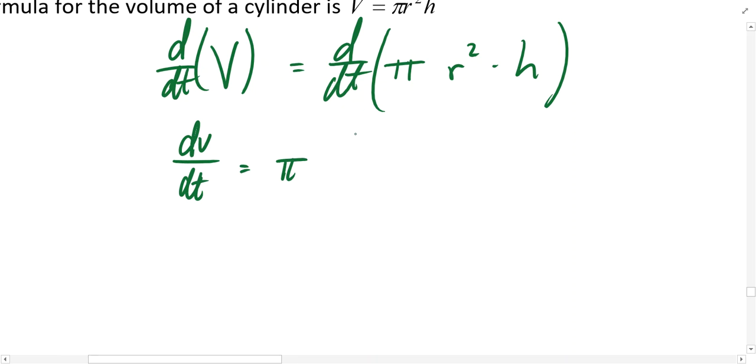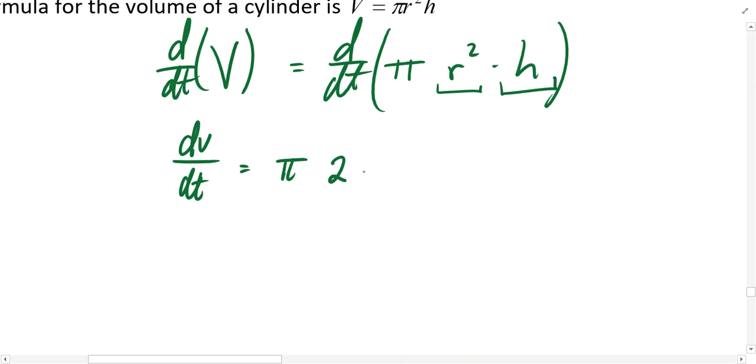On the right-hand side, we've got the number pi that acts as a constant. But now we're being asked to find the rate of change of r squared times h. And that's going to require the product rule. So our first function, r squared, and our second function, h. Now, the derivative of a product is the derivative of the first function times the second.